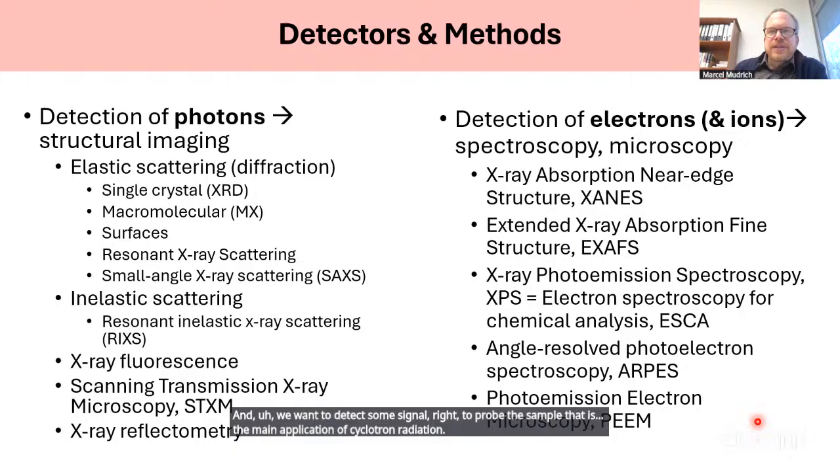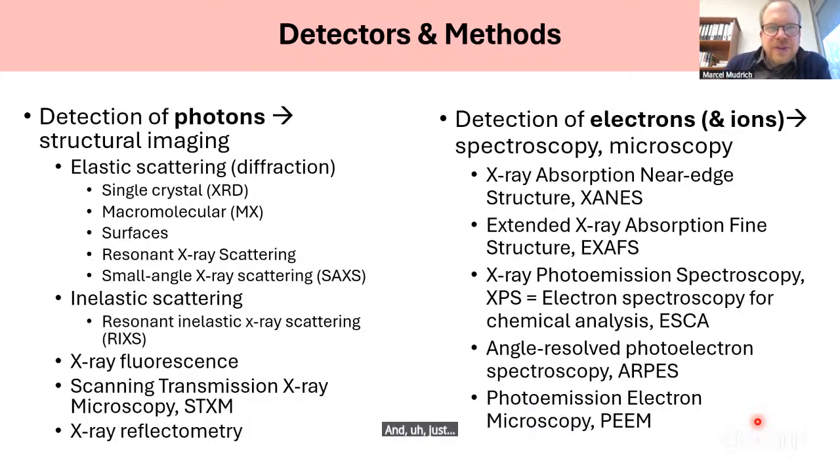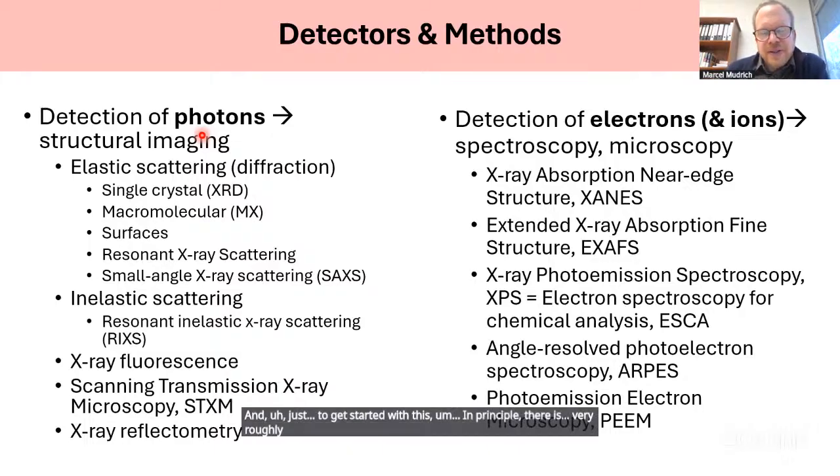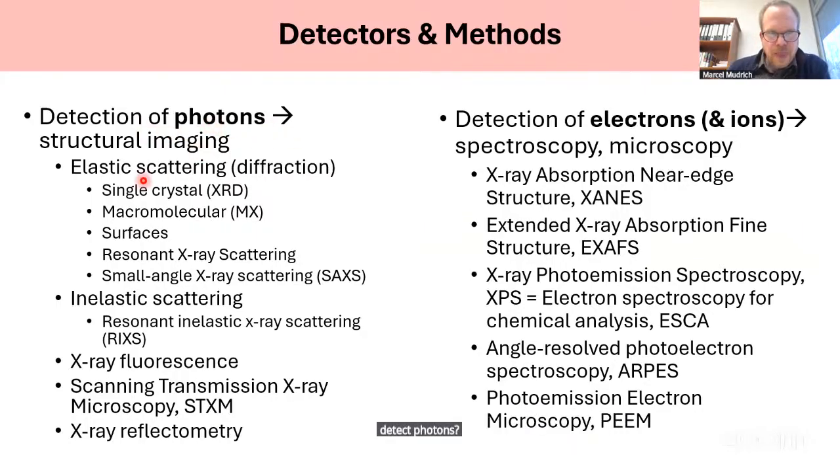And just to get started with this, in principle, there are, very roughly speaking, 2 ways of doing experiments at synchrotron beamlines. One is to detect photons. And here the most commonly used method is detecting elastically scattered photons, or we can also say diffracted photons from some mostly crystalline target.